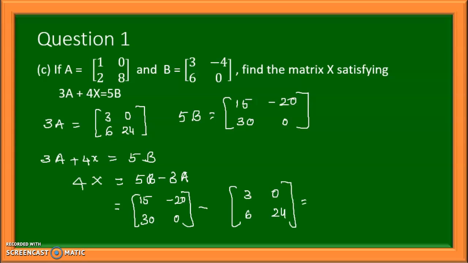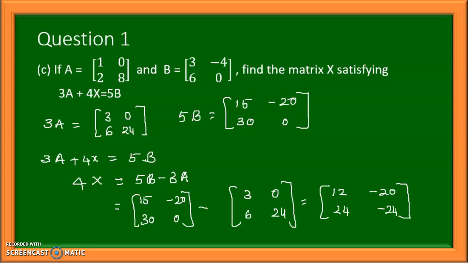So what are we getting? 15 minus 3 is 12 here, and minus 20 minus 0 becomes minus 20. Then here 30 minus 6 is 24, and 0 minus 24 is minus 24. This is 4X. We need X. What do we need to do?